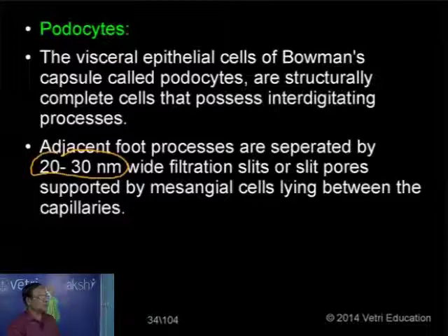These are called the filtration slits or slit pores, supported by some cells from the capillaries called the mesangial cells. These are not necessary to remember. So the foot processes have openings of 20 to 30 nanometer in between. I mentioned before 800 angstrom; that is in some books, but generally the slit openings have a dimension of 20 to 30 nanometer for filtration to occur.